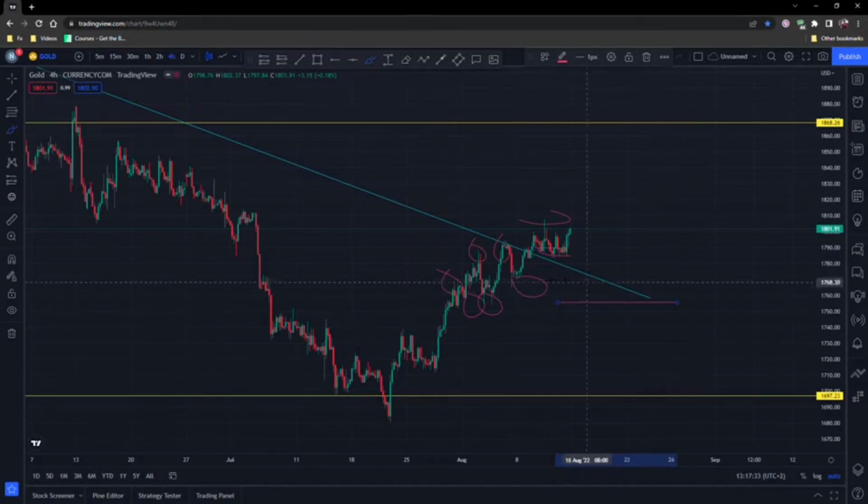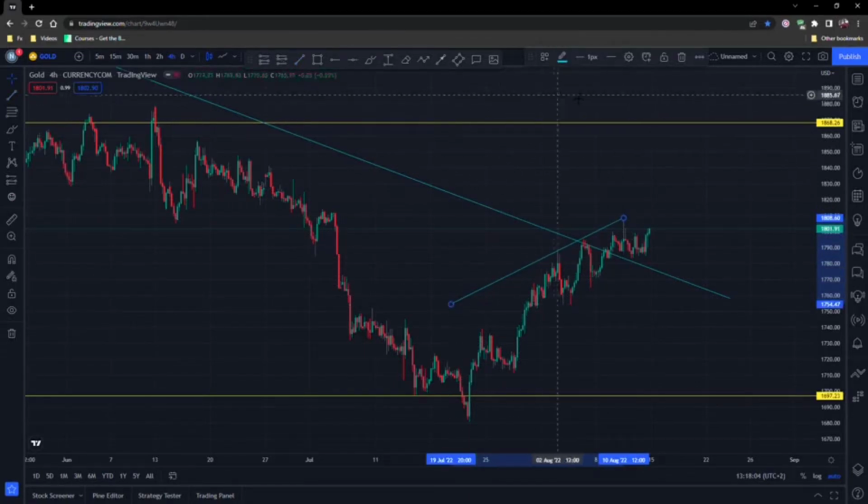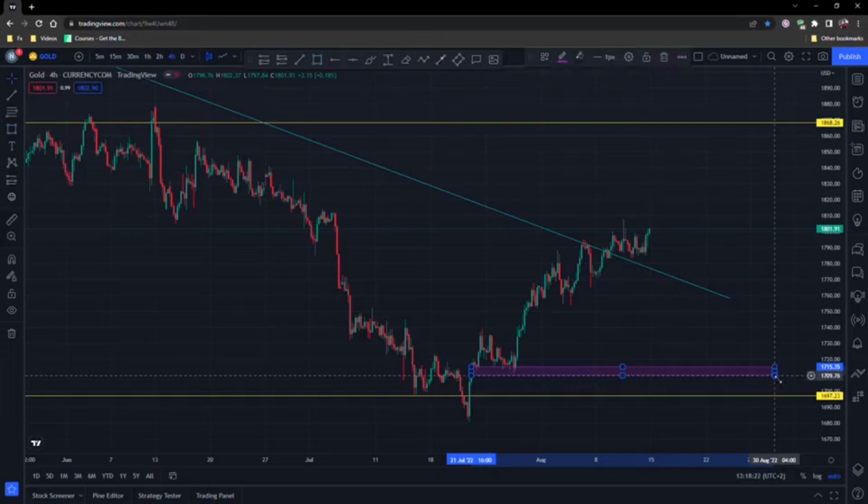as you can see that, sorry, let me just remove the drawings. You can see that now we were creating, right, we are now creating a bullish trend, and now we can see that this area here is a nice support area.